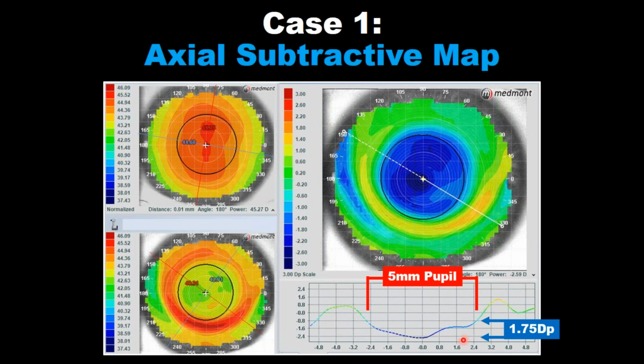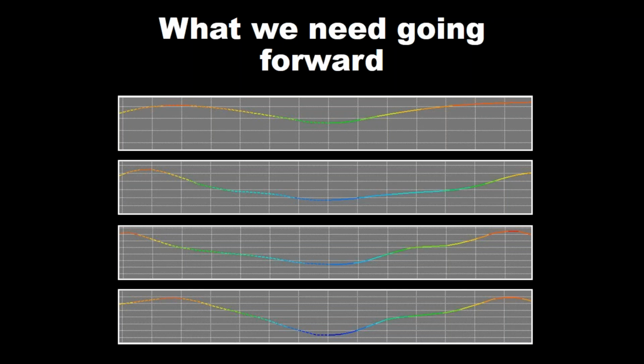In this case, this patient has a 1.75 diopter myopic shift from the center to the periphery. And this is what's believed to be one of the mechanisms that contributes to controlling the axial growth of the eye.